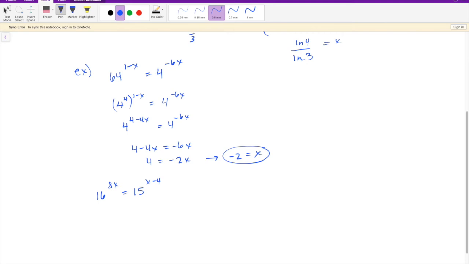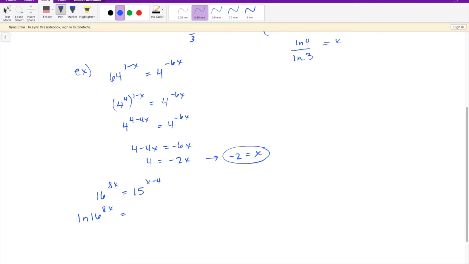Okay, so I can't manipulate like bases, so I'm just going to take natural log of both sides. Here I jumped the gun. Let me erase that. I'll do it in one fell swoop to show my work so it's not confusing.